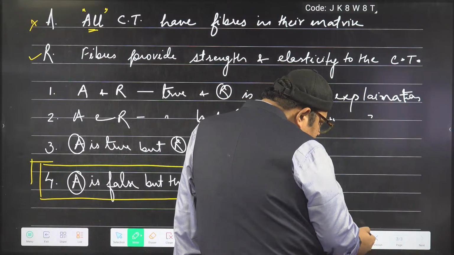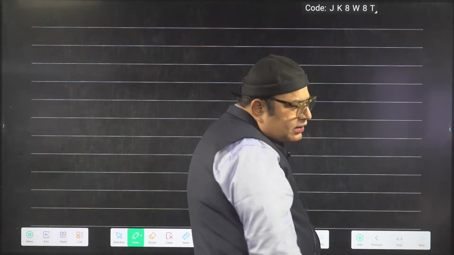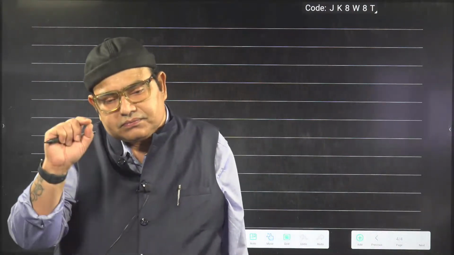Can you please remind me of the last point that we did yesterday? I have one more thing in the syllabus: types of epithelial tissue. The basic 2 types are simple epithelium and compound epithelium.